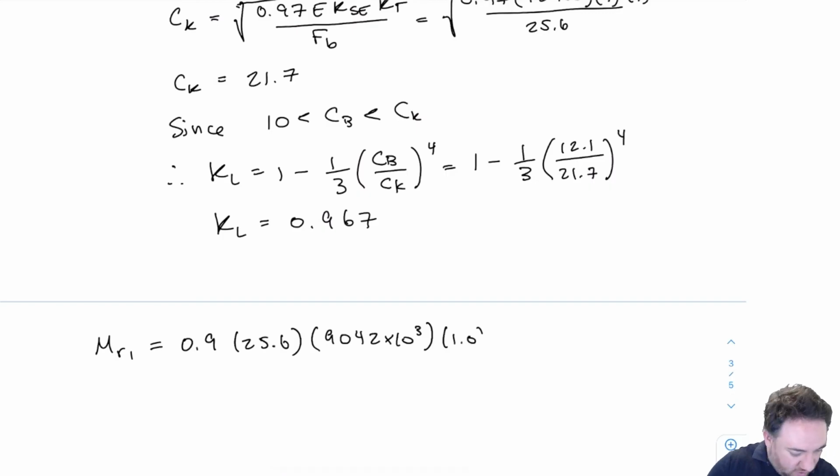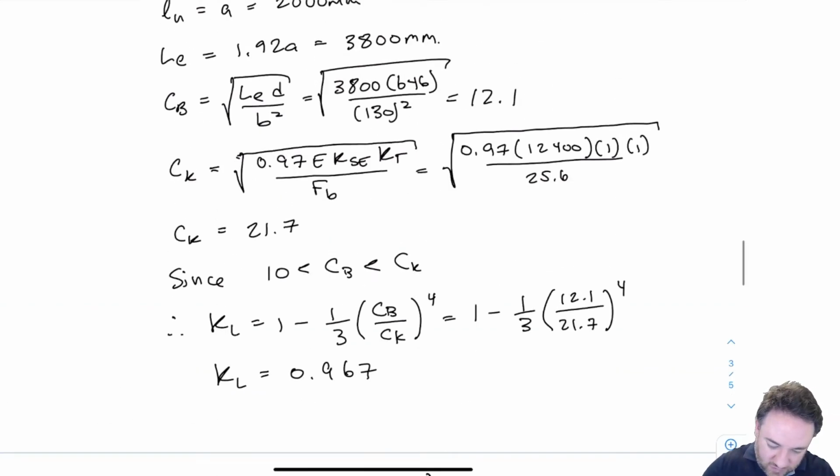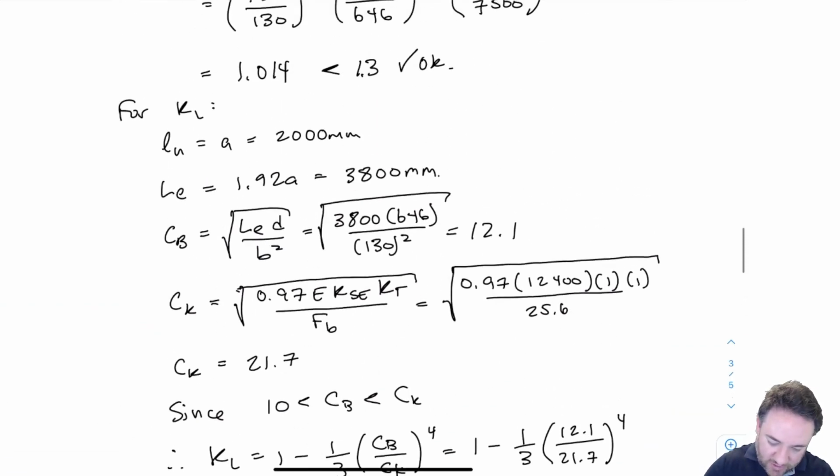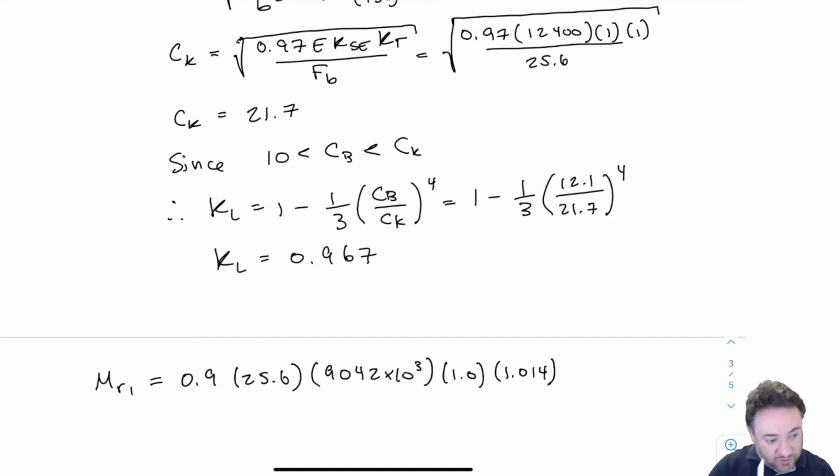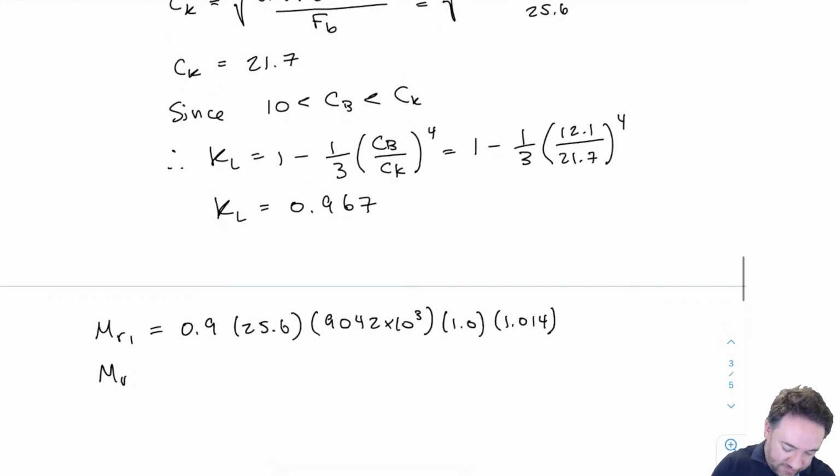KX is 1.0, and KZBG we determined was 1.014. Now this KZBG is included in the tables. So we don't have to worry about it; if KZBG came out to be quite a bit less than 1, that's fine, because the selection tables include KZBG in there. Just what they don't include is KL.